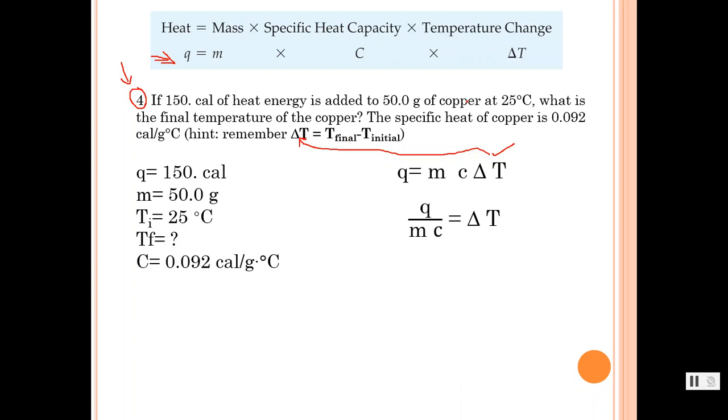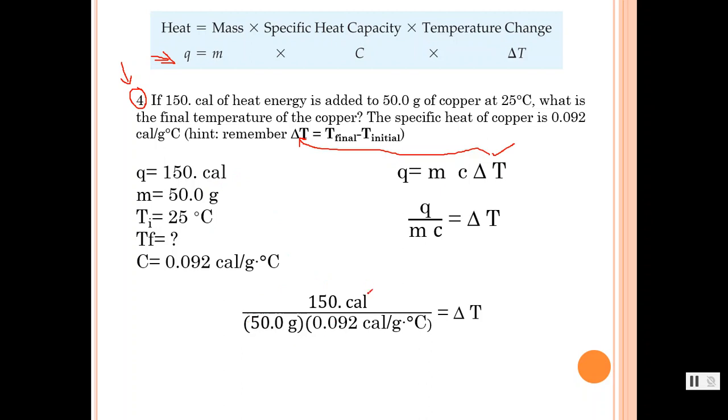We're going to first solve for delta T. So to do that, we take our Q equals MC delta T equation, divide both sides by M times C to get this equation down here. Plug in the values that we've been given, our Q, our mass, and our specific heat.